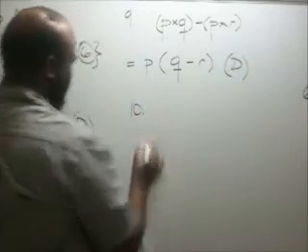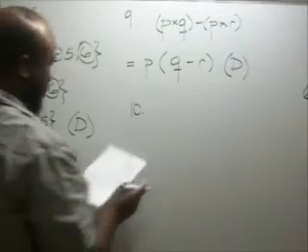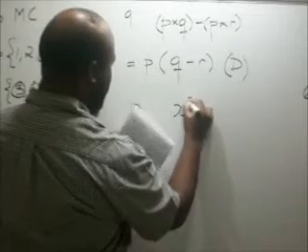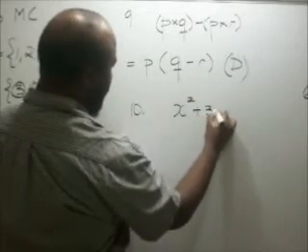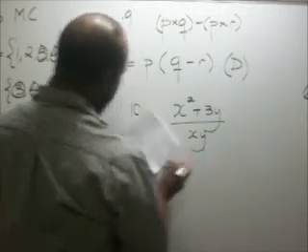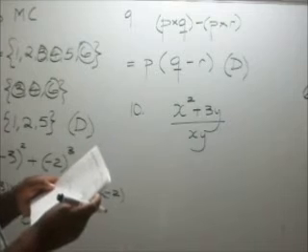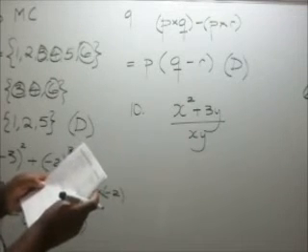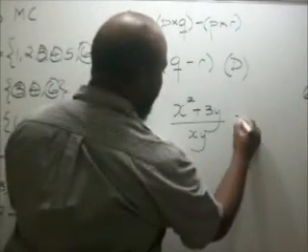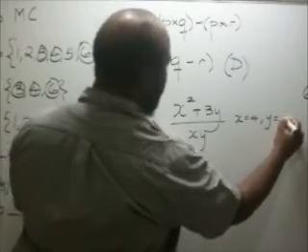Question number 10 is a question on substitution. What we have is x squared plus 3y all over xy. The question says, what is the value of x squared plus 3y over xy if x is equal to 4 and y is equal to 2?